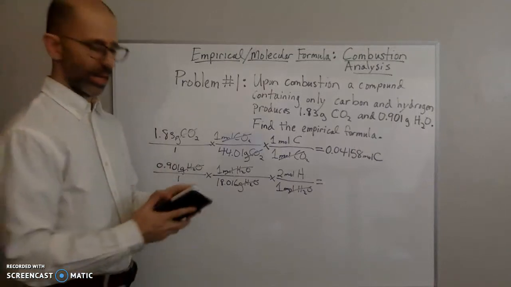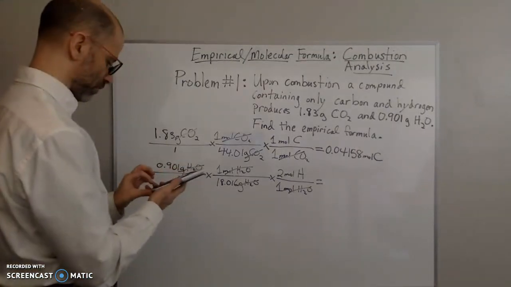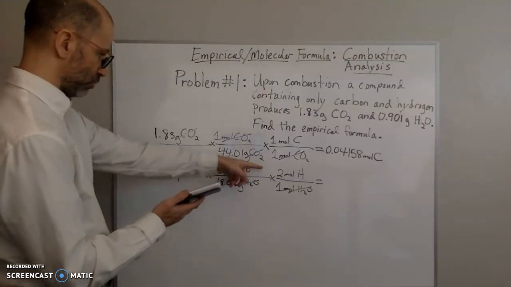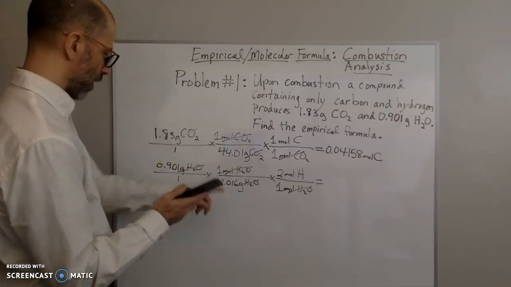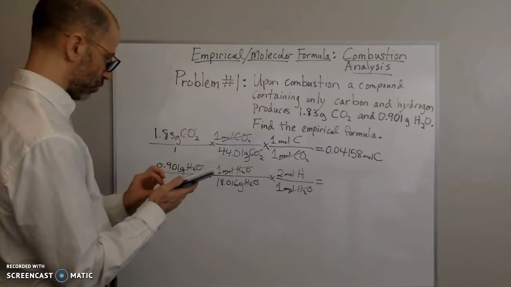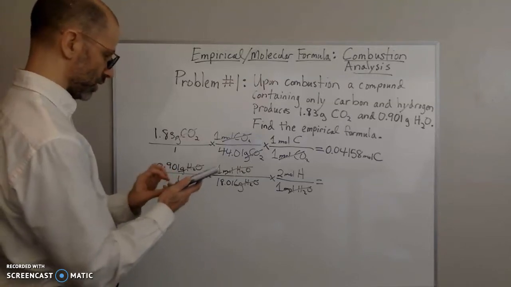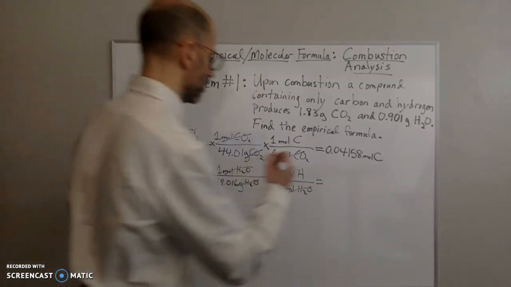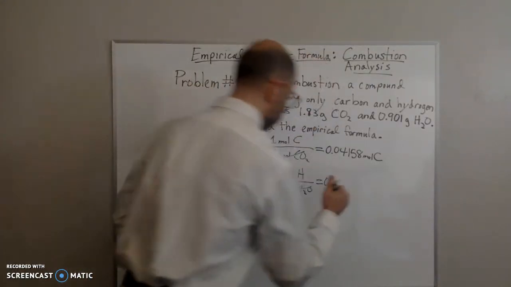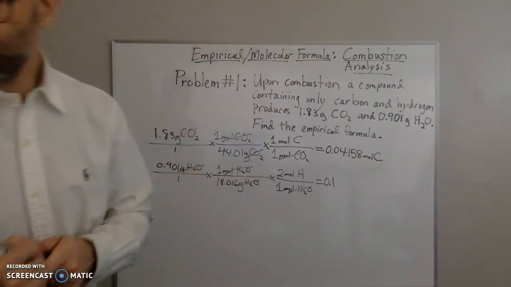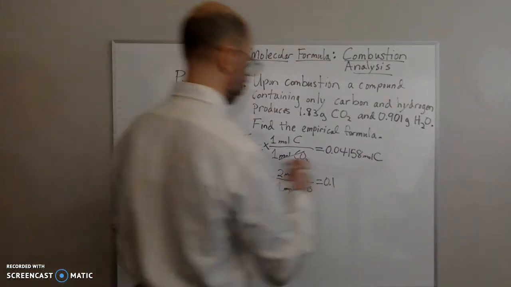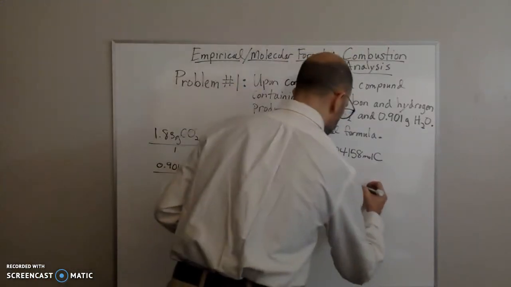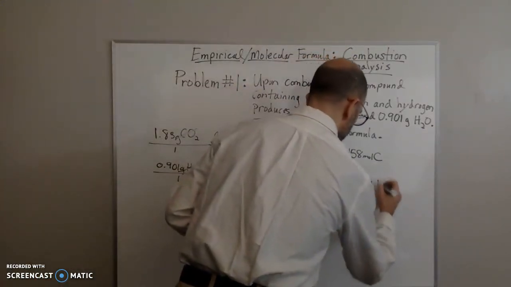So now I'm going to go ahead and calculate that out. So I have 0.901 times 2 divided by 18.016 equals, and there I get 0.1000, there's a 2 at the end, moles of hydrogen.